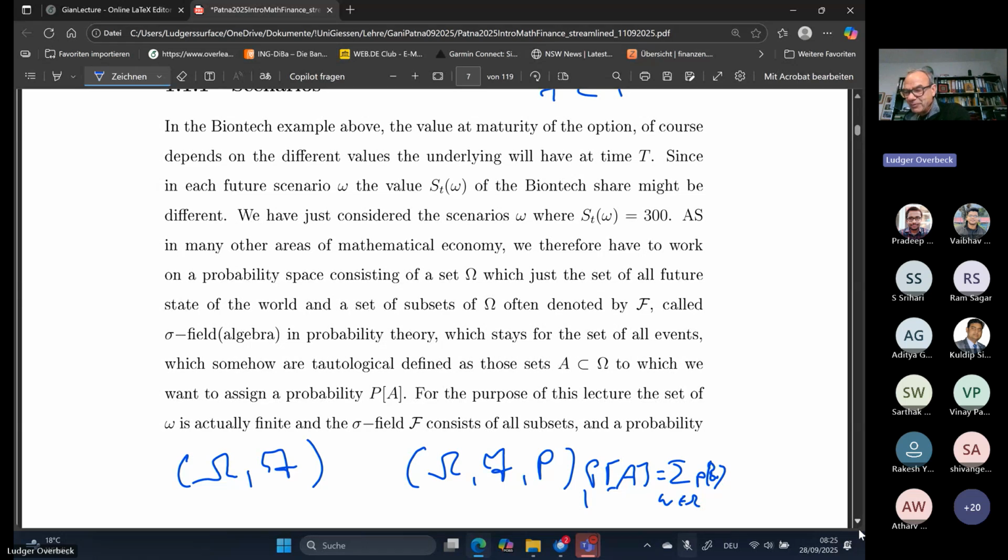For example, perhaps you have heard of insider trading. It's also a mathematical model. An insider has a different sigma algebra than the market.